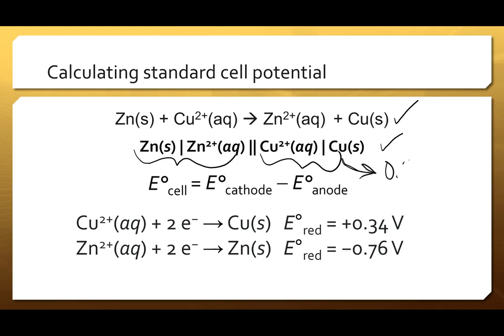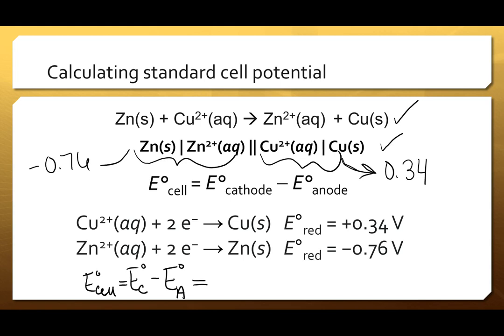be 0.34. And we see that the potential for the zinc is going to be a negative 0.76. Okay. So to determine the potential for this entire cell, remember we take cathode minus anode.